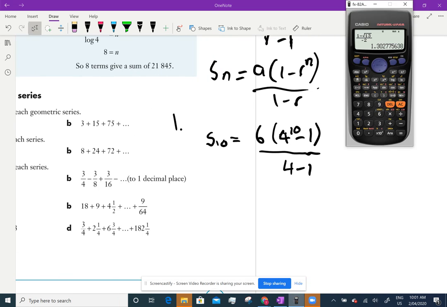And again, you get your calculator out and you do this. It's all one big fraction: 6 times 4 to the 10 minus 1, all over 4 minus 1. I know that's 3, but I'm writing it in anyway because I'm just going to change these things from now on. And I'll just get the answers up. And that's right.